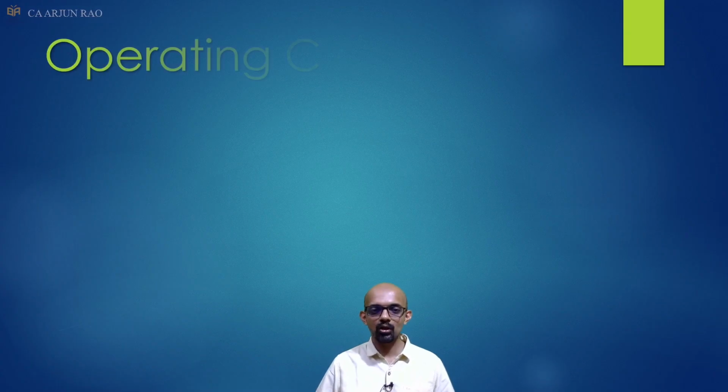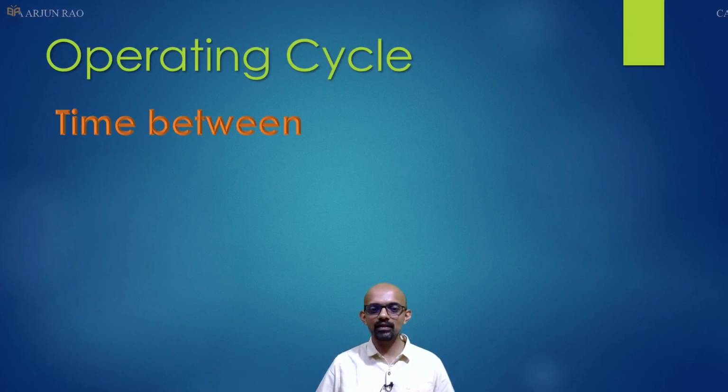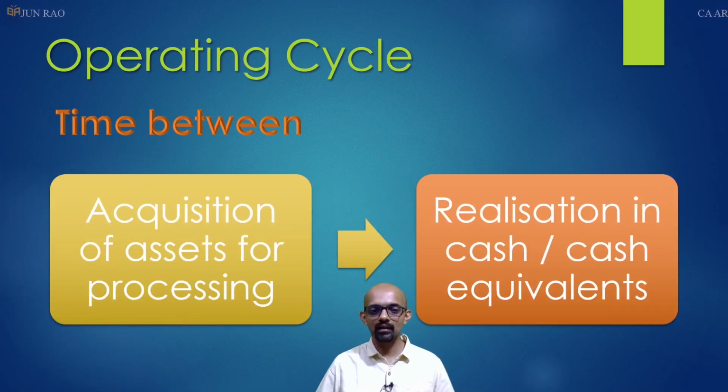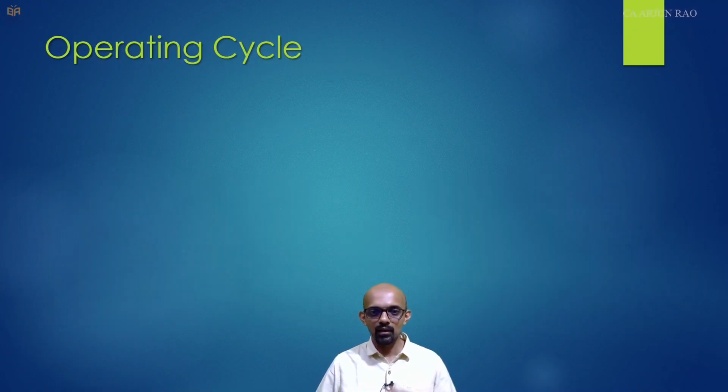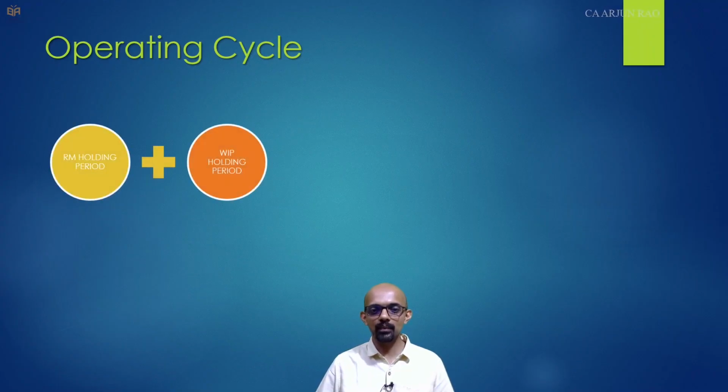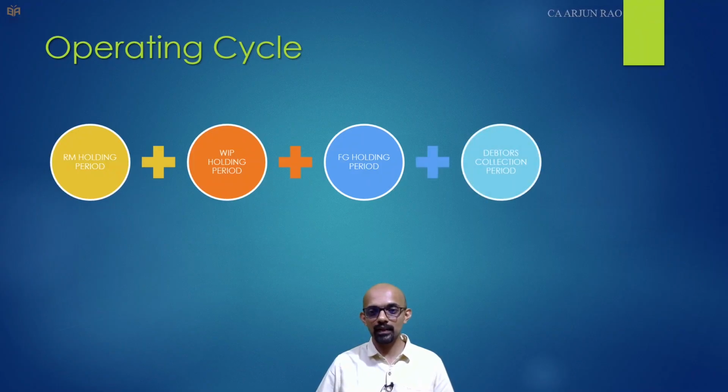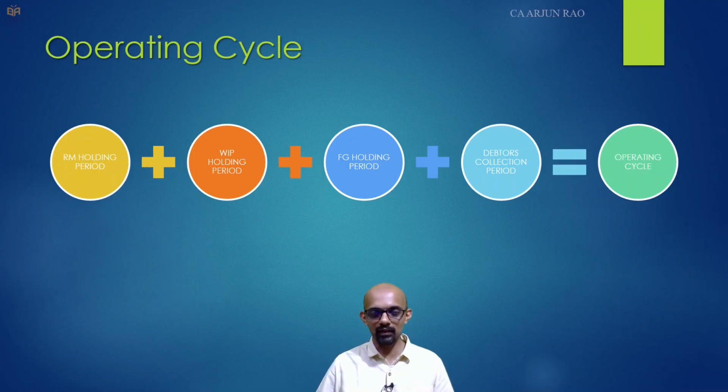Next let us come to operating cycle. Operating cycle is the time between the acquisition of assets for processing and realization in cash or cash equivalents. So, operating cycle is raw material holding period plus WIP holding period plus finished goods holding period plus debtors collection period, that is operating cycle.